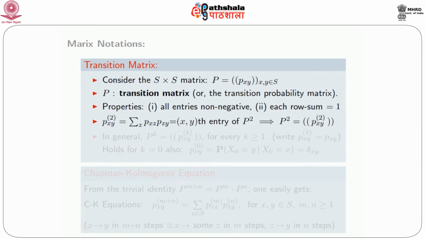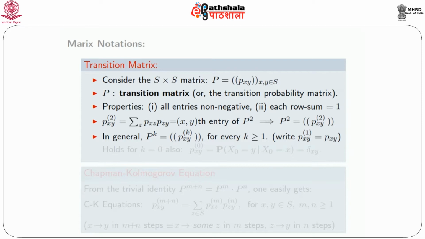Which means if we look at the square of the matrix P, then its entries give us the two-step transition probabilities. So that's very convenient, and that's generally true: the kth power of P is the matrix whose xyth entry gives the k-step transition probabilities.